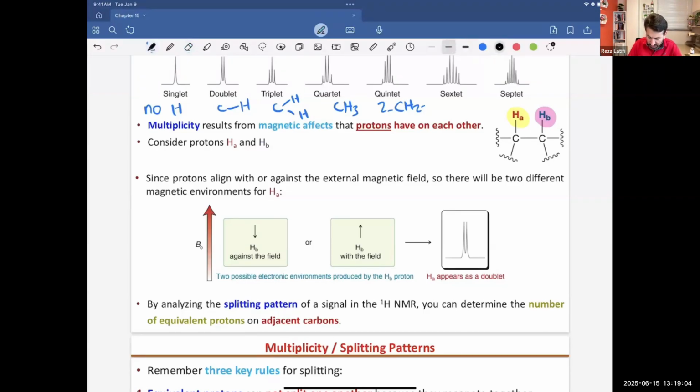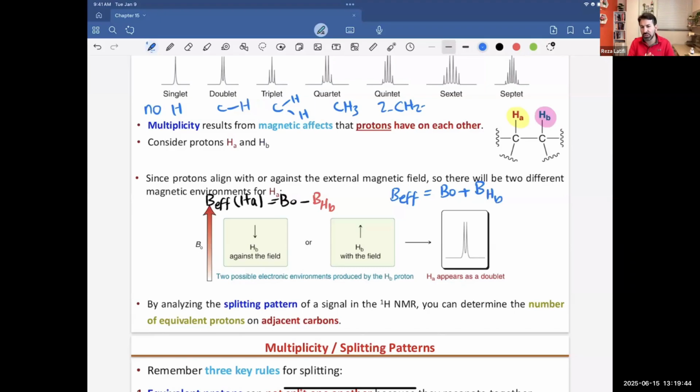So the effective magnetic field that HA is going to sense will be equal to B0 minus the magnetic field of the HB, because it's the opposite of the external magnetic field. But for the second one, because it's aligned with it, the effective magnetic field will be B0 plus BHB.